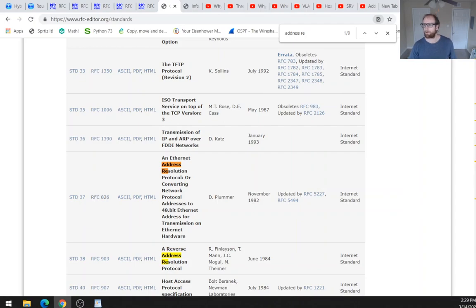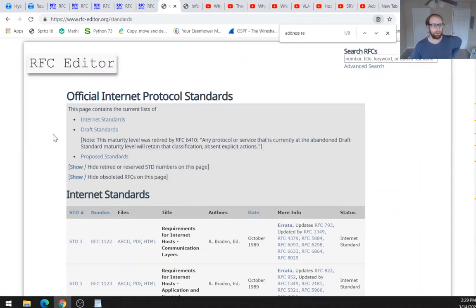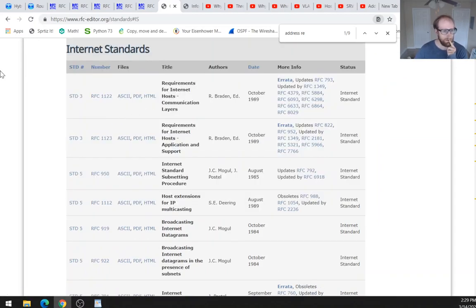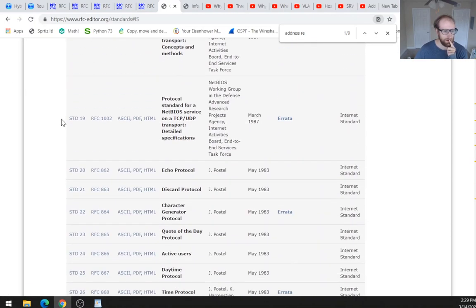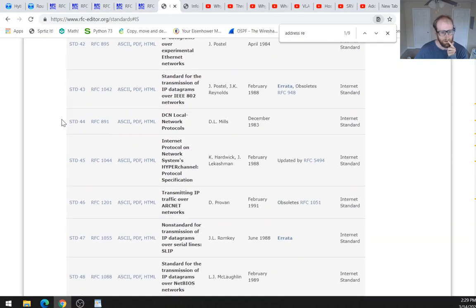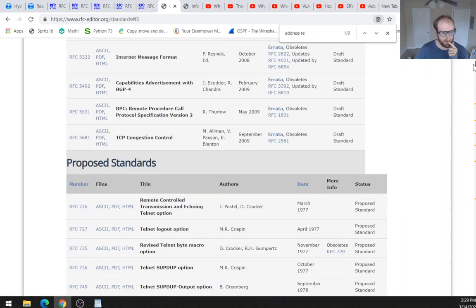Okay, so that might be worth it to look out for, but this is interesting here because it looks like this page contains the current lists of Internet standards, draft standards, and proposed standards. But I'd like to just narrow it down to, okay, here, yeah. So it does narrow it down to just the Internet standards, yeah.